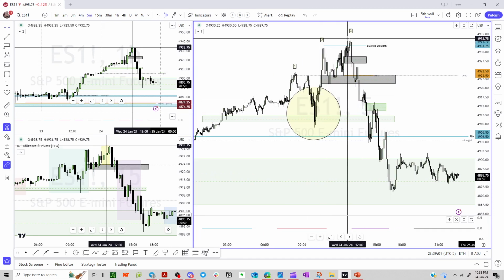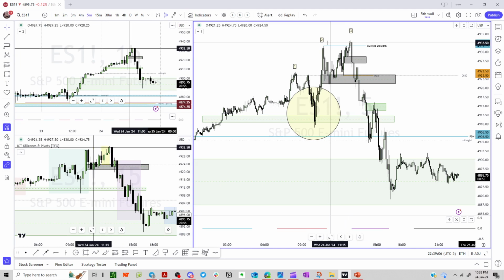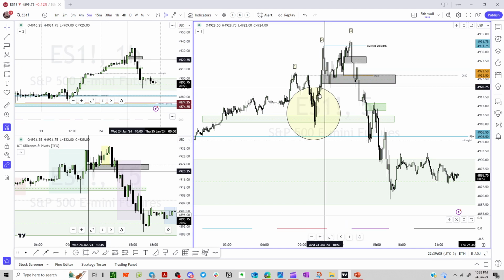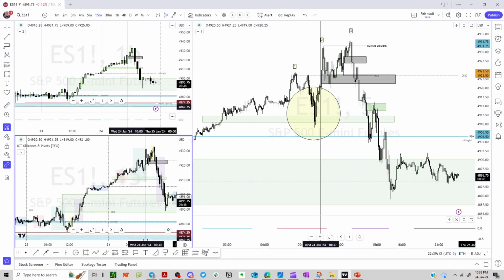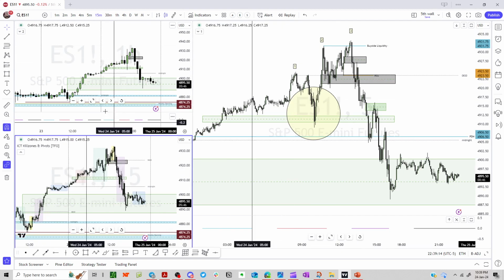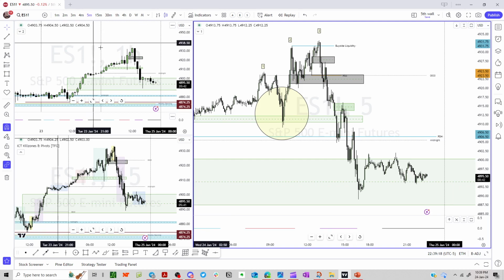So price ran this high. This is the lunch hour, still part of the lunch hour, random AM session high, random AM session low and literally stabbed down into this 4-hour fair value gap.